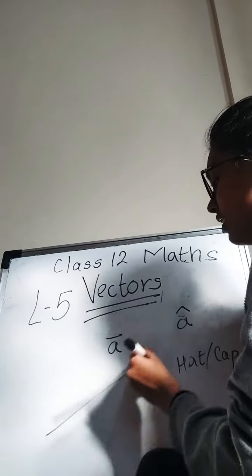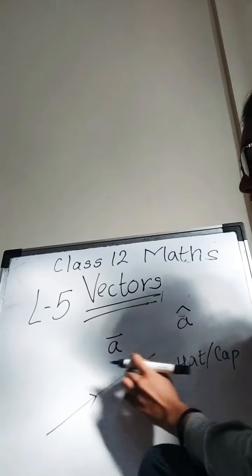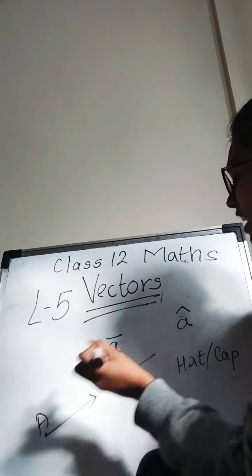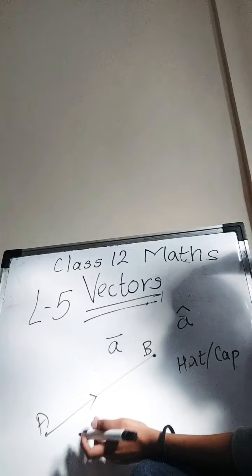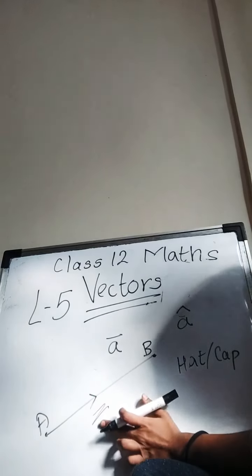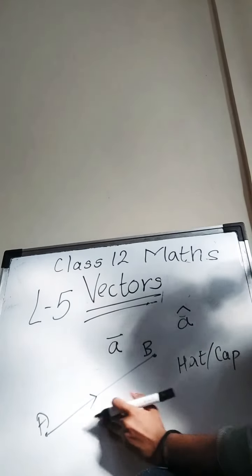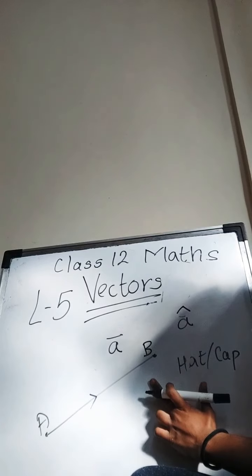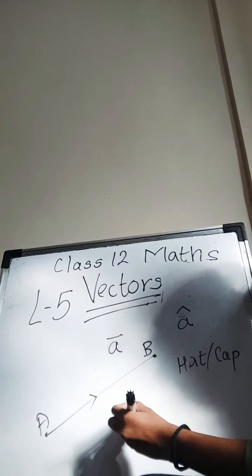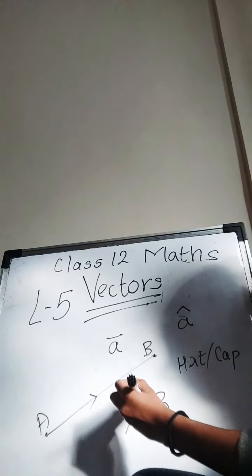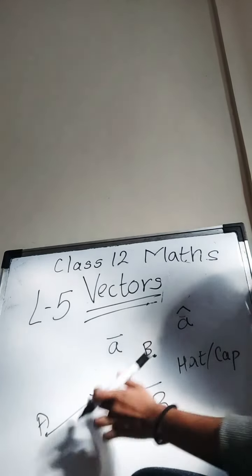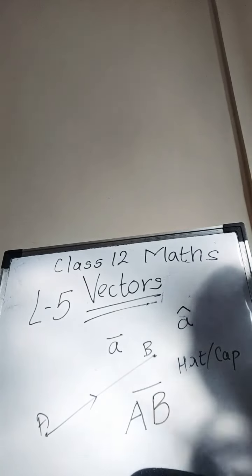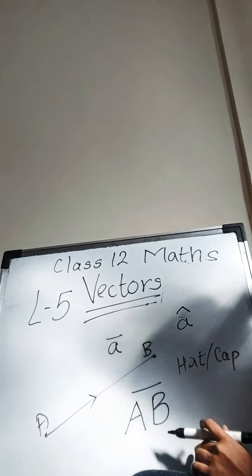Now in the earlier example, this was your vector and this was your starting point, this was your initial point, and for the direction this arrow was given. So now how do I represent this vector? I will write it as A B bar. So this is your AB bar vector. Okay, understood?